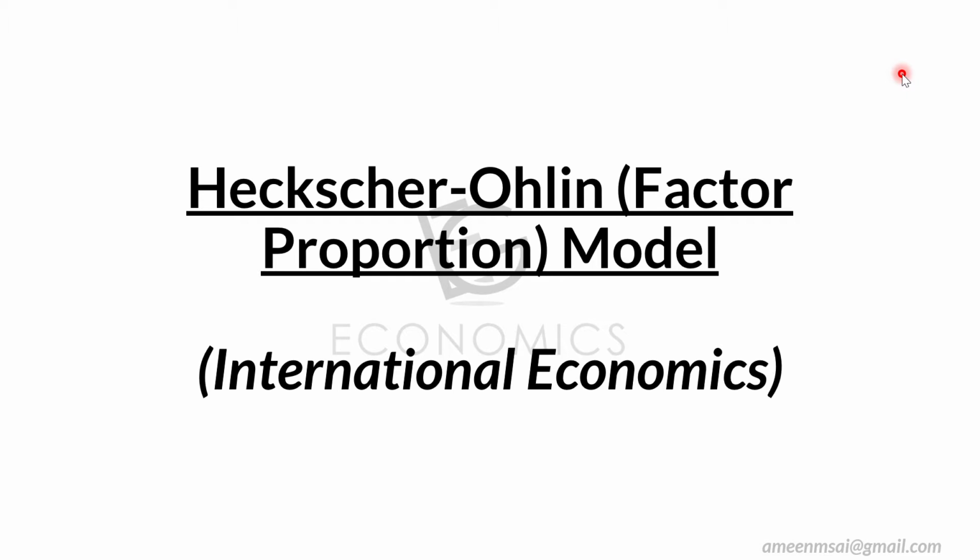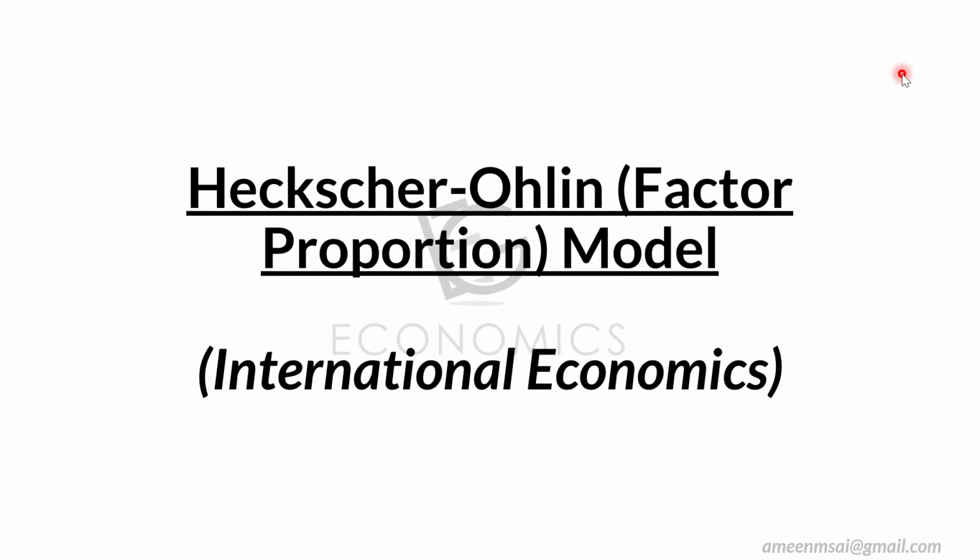This is one of the important models under international economics, and it's a continuation of the comparative cost advantage theory put forward by David Ricardo. Hope you have watched the previous four videos on international economics, as this is a continuation of those videos. Okay, let's go into the video.